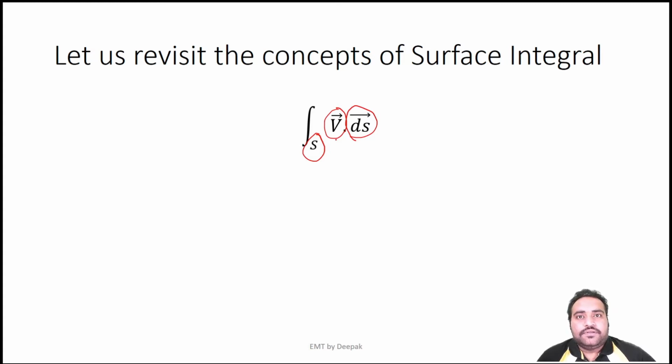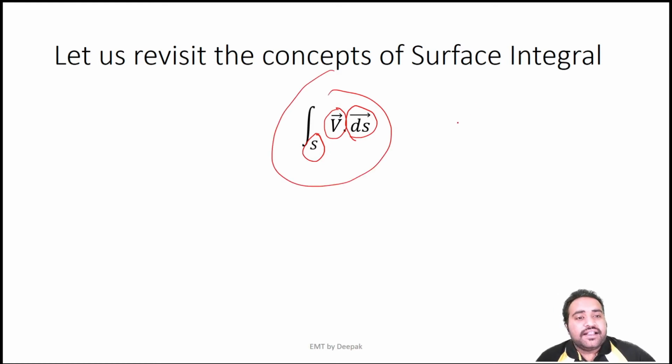Now, what happens if a surface is not just a single plane surface, but a combination of different surfaces? Then how would this turn out?